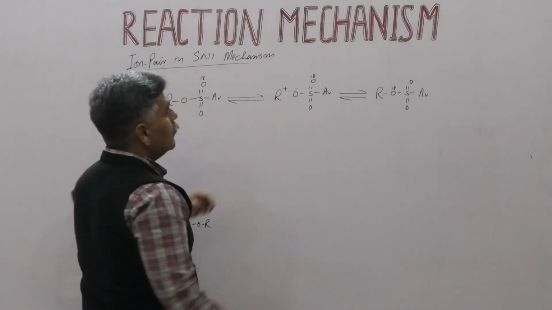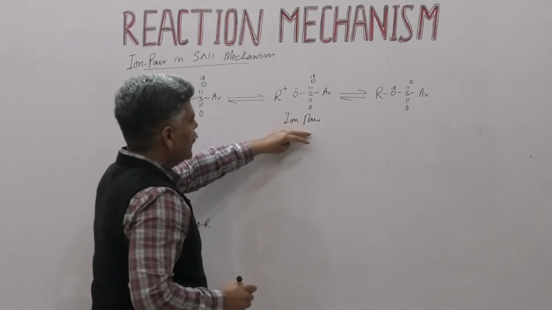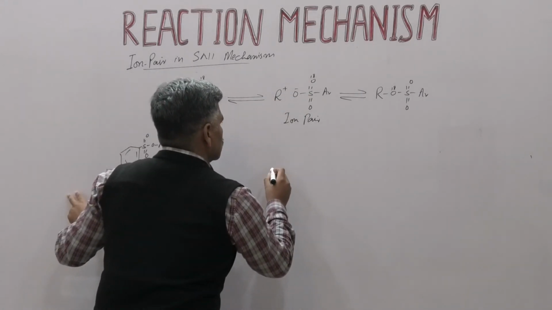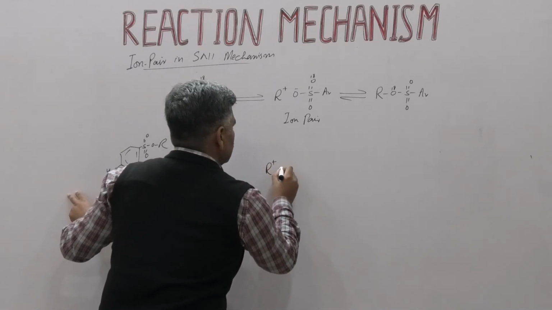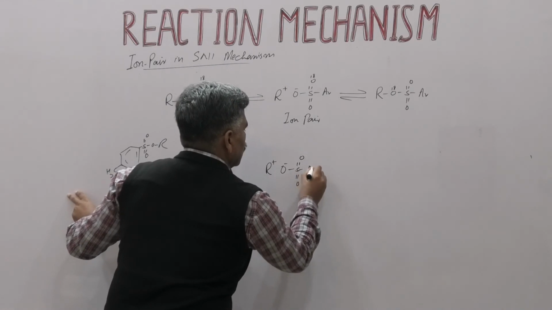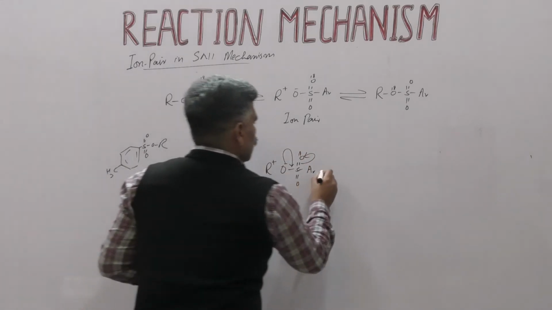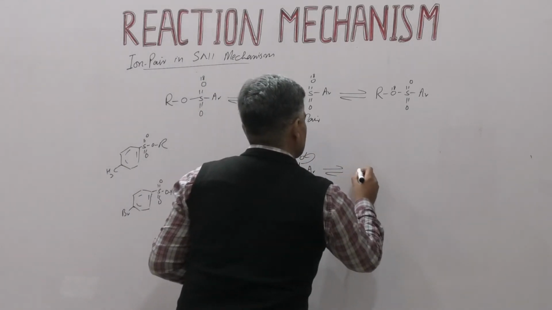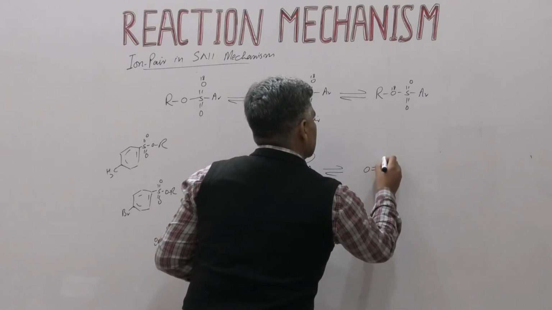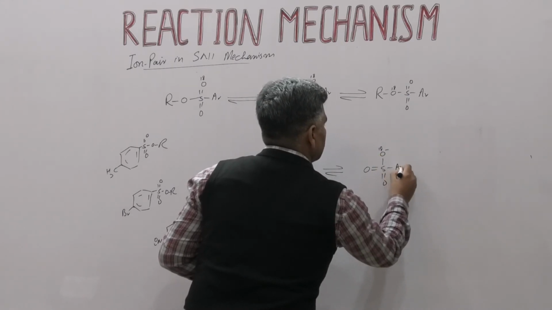This is because of the presence of this ion pair, in which these 3 oxygens are equivalent. We have R positive, O negative, S double bond O Ar. Then this negative charge delocalizes over any of the 3 oxygens. So we have O double bond S, single bond O18 negative, and then Ar.